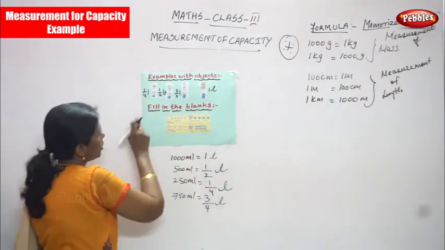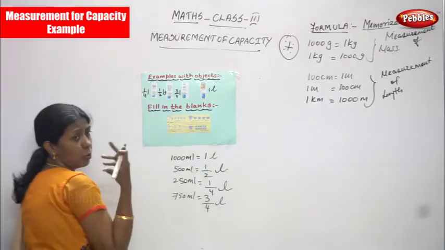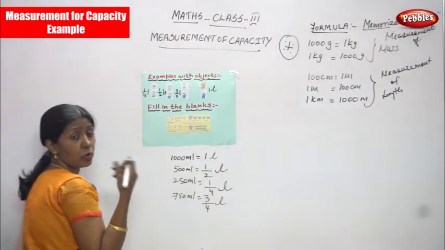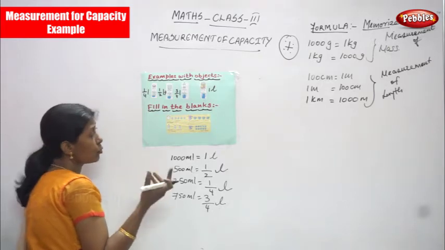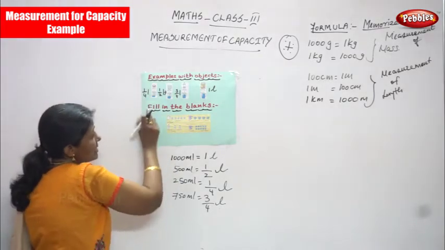This is 250 ml of coffee, tea, juice, Horlicks or Boost, whatever it may be, but it is in liquid form.